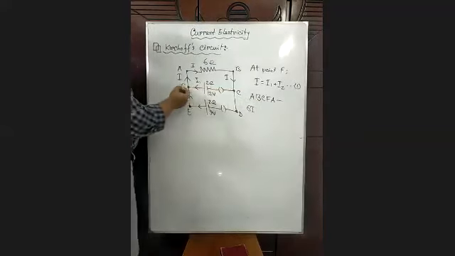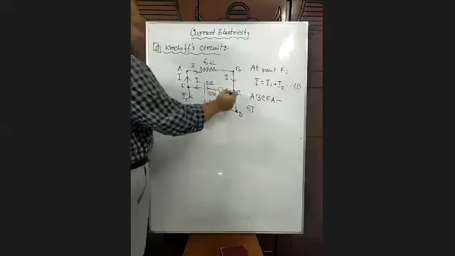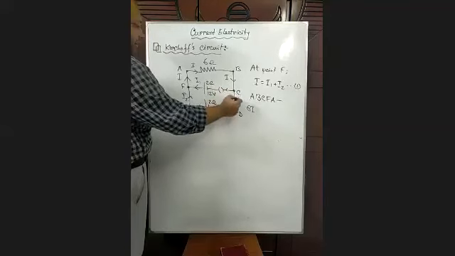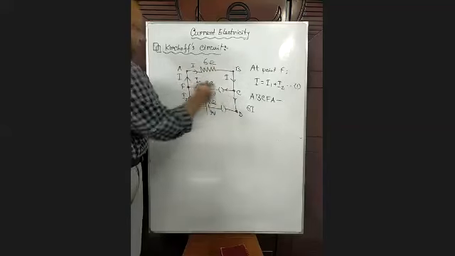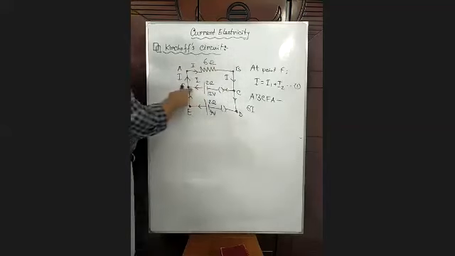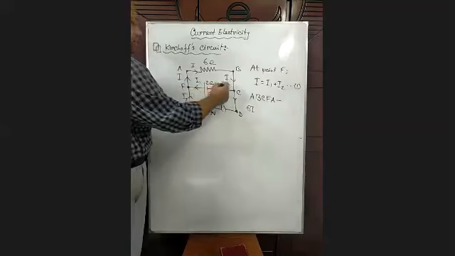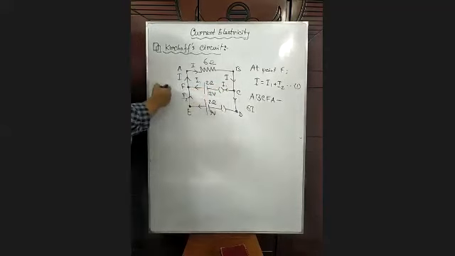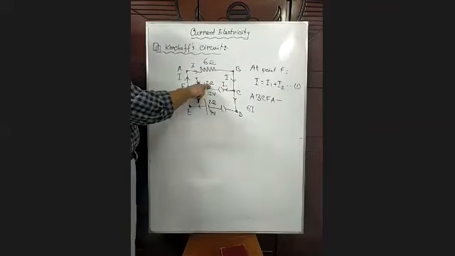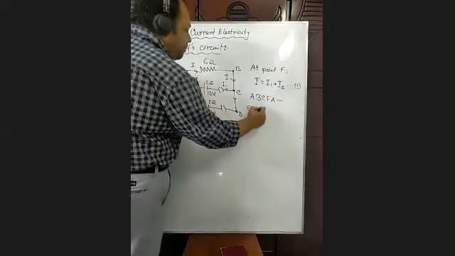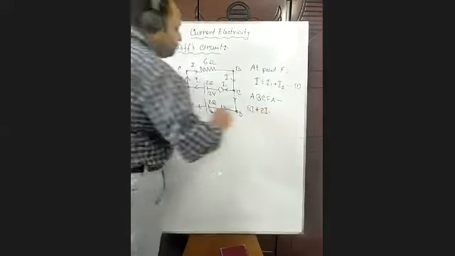If I go for CF, on this part the current I is divided into 2 again. This is the region of I1 current. So in CF, the current I1 is going towards it, with a 2 ohm resistance. So I can place 2I1.